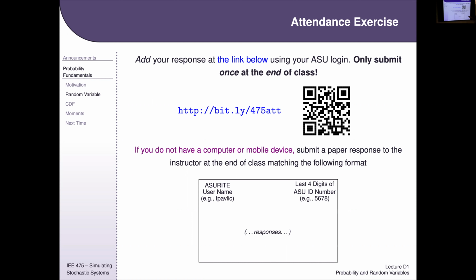So if I were to take the probability measure, and I've got the event, which is the full sample space, omega, what's the probability of that?